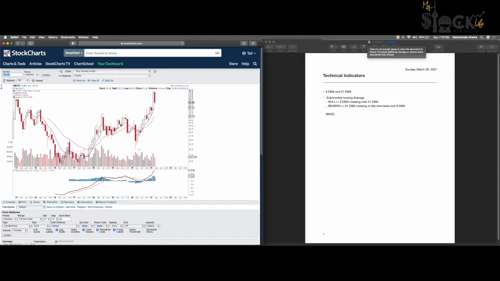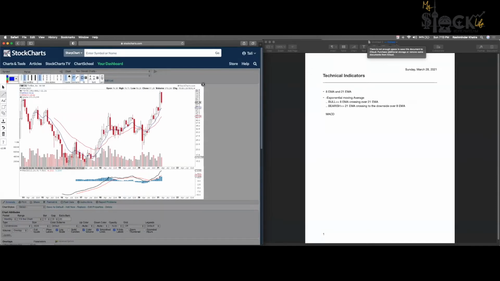And then last year in August, September, if you've been with us since May or June, you know that we played Twitter back in the summer as well. One of my biggest entries going long was when the MACD was crossing right here. Sorry, when the MACD was crossing, and then the EMAs were also crossing. This is the monthly chart I'm looking at. Pay attention.